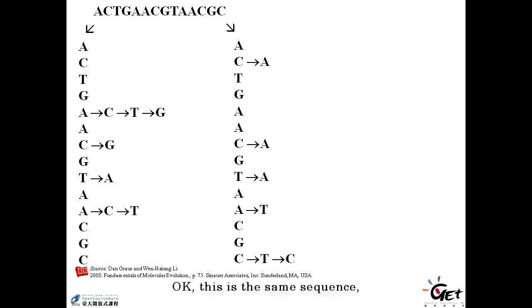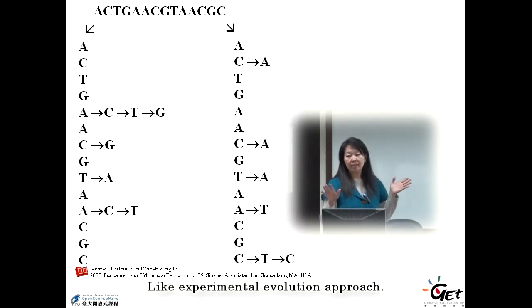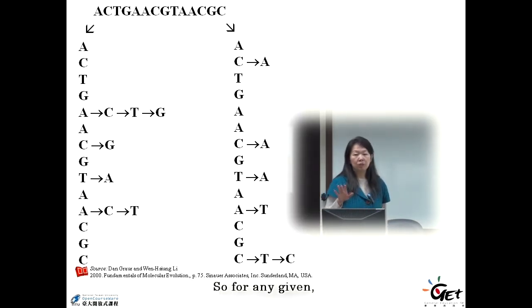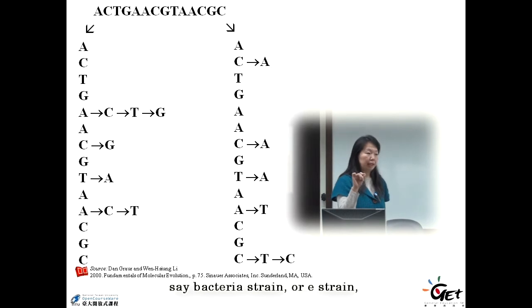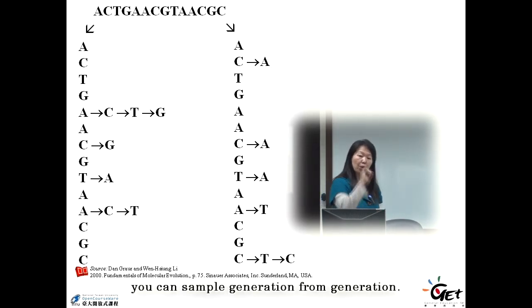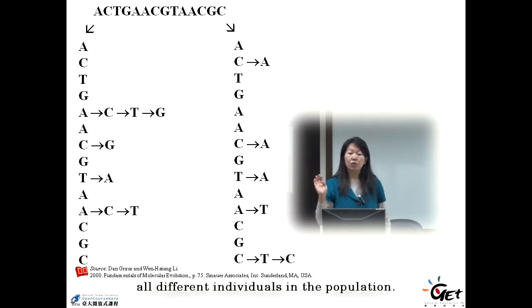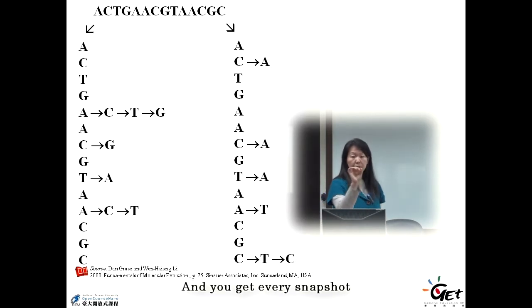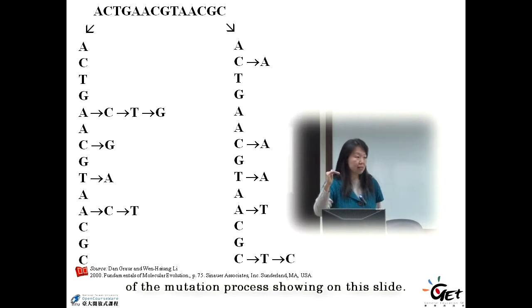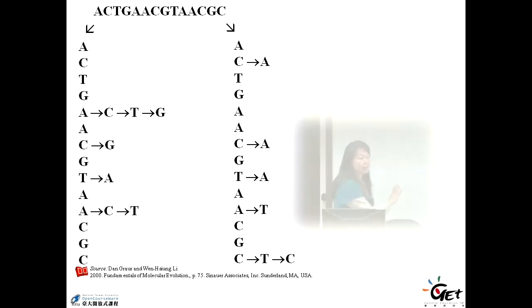Okay, this is the same sequence, but just assume we know all the process, like an experimental evolution approach. For any given bacteria strain or yeast strain, you can sample generation after generation, assuming you can sequence all the different individuals in the population, and you get every snapshot of the mutation process shown on this slide.